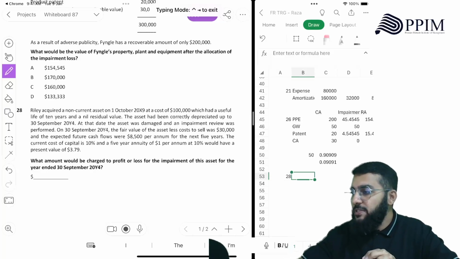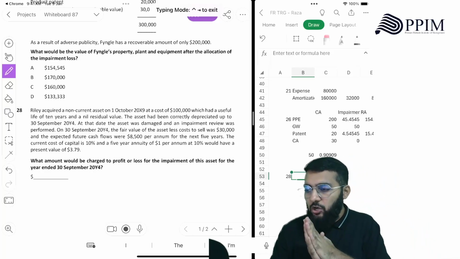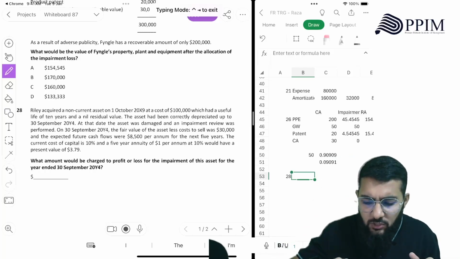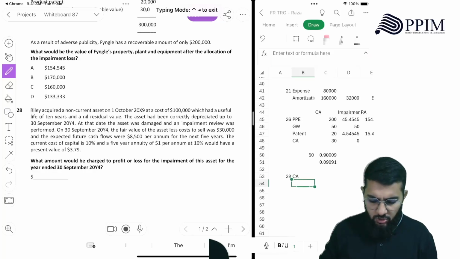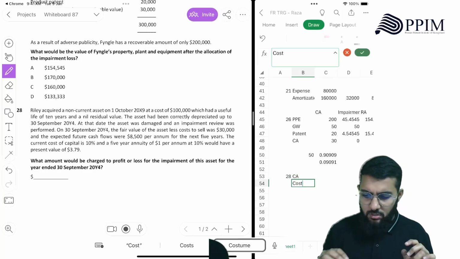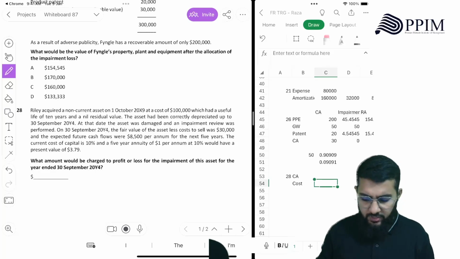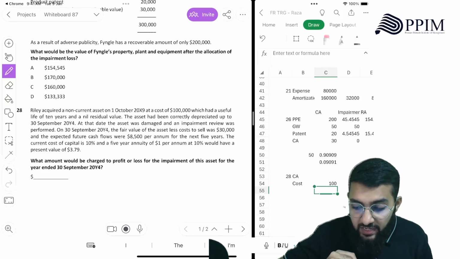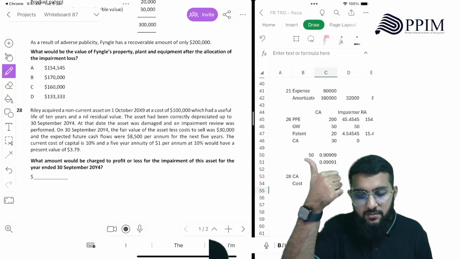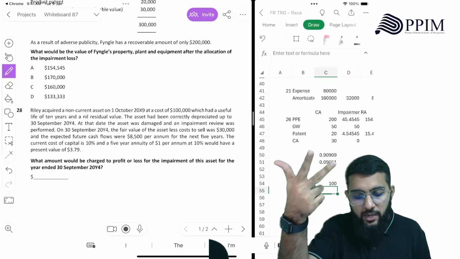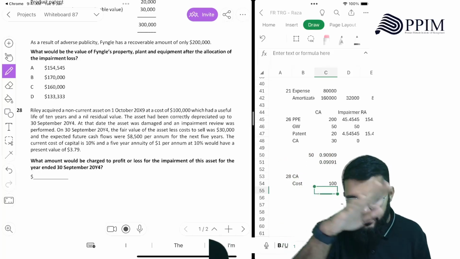So now what happens here? First, we need to understand the cost. What was the cost of the asset? Let's say first the carrying amount. Cost of the asset was 100,000. Now, how many years was this depreciated? X9, Y0, Y1, Y2, Y3.